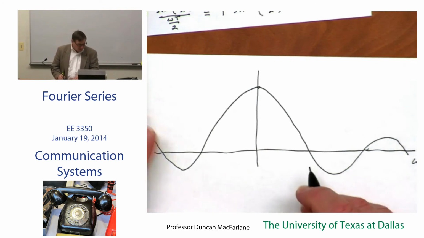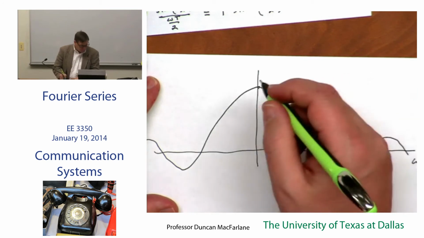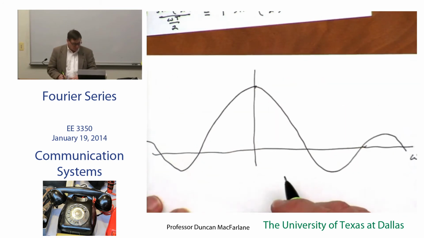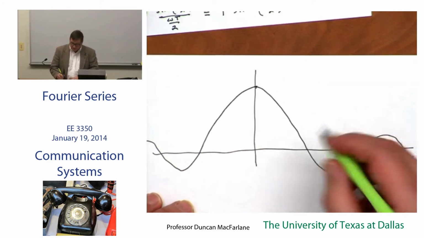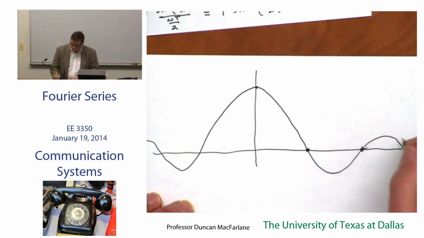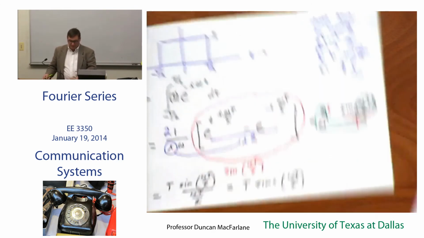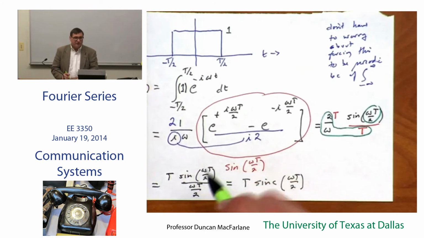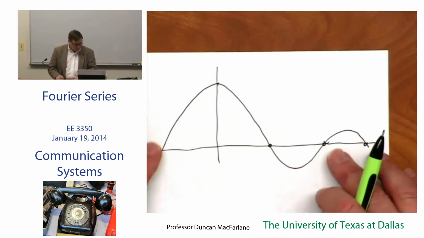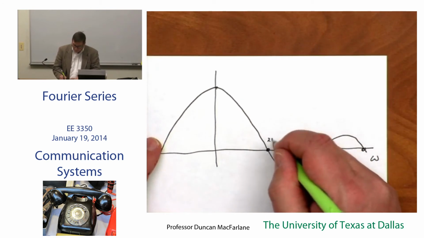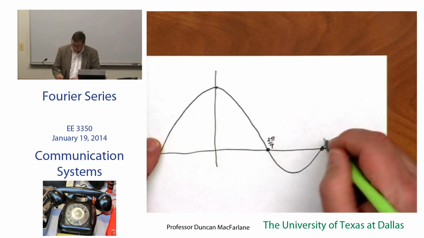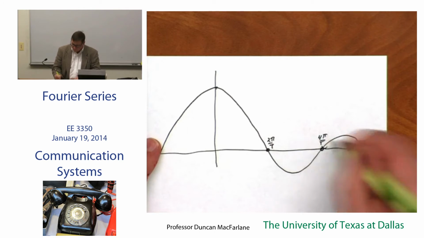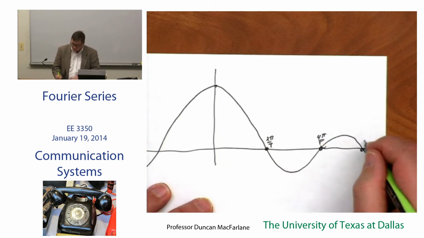So here's the plot of the sinc function. And these zeros occur whenever this guy is a 0. So 2 pi over t, 4 pi over t, and so on, 6 pi over t.